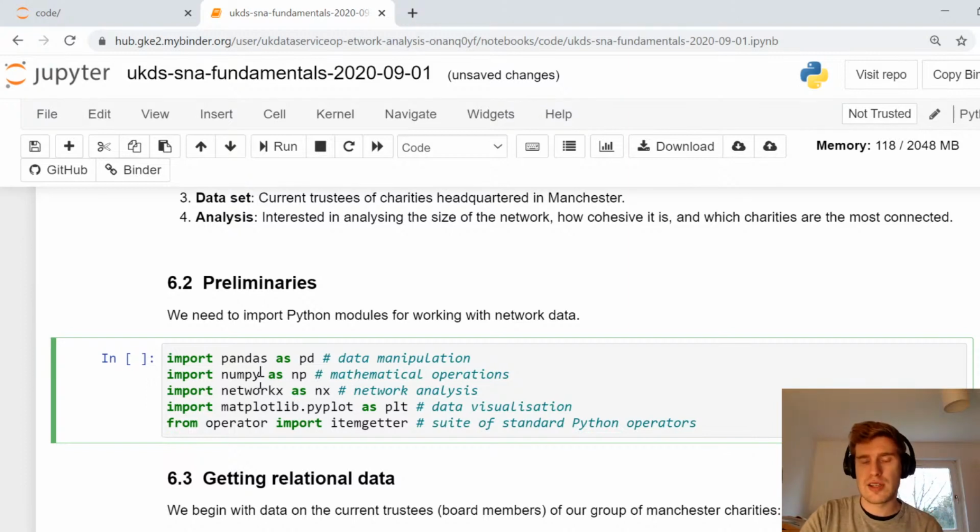The one we're really interested in today is networkx, the Python social network analysis package that we need today. There is another one in Python, I think it is GraphQL, graph something. I find networks possibly easier to deal with. I think it's maybe a bit more English language based.